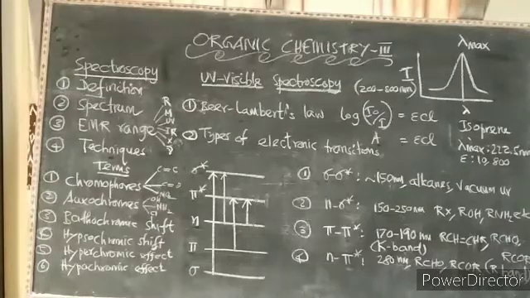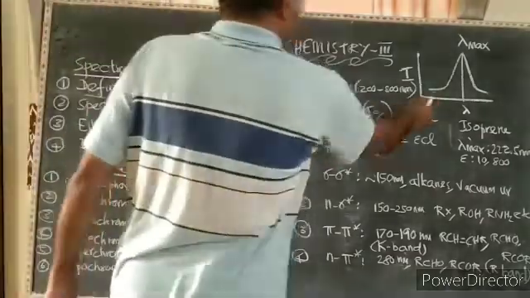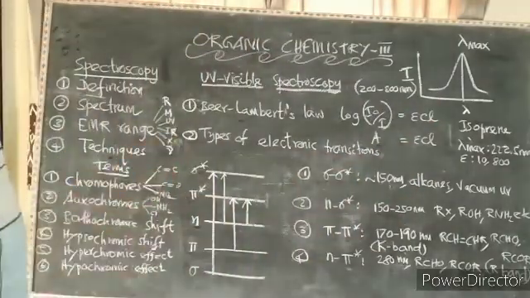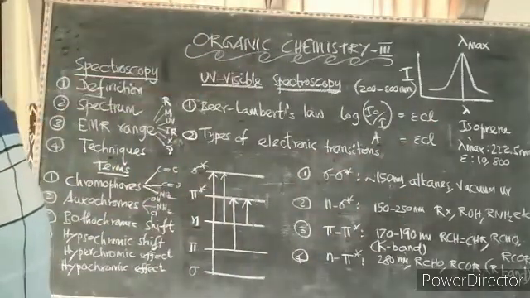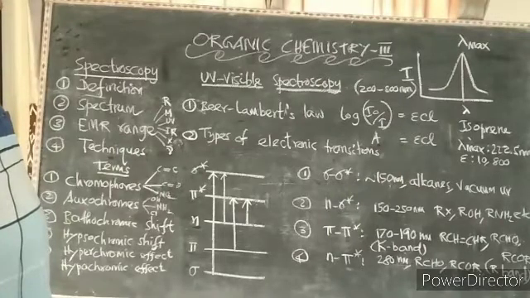And after the interaction of this radiation, when the absorbed energies are plotted against their corresponding wavelengths, the resulting spectrum is an ultraviolet-visible spectrum. In the far corner of the board, I have drawn a typical ultraviolet-visible spectrum, which is actually an inverted parabola.